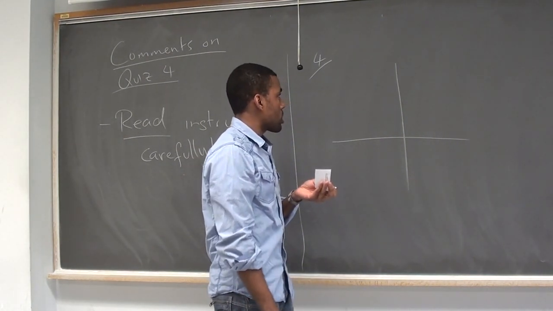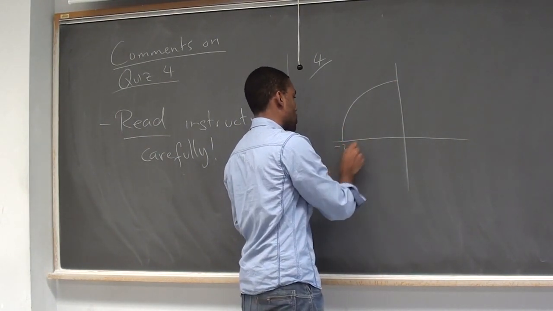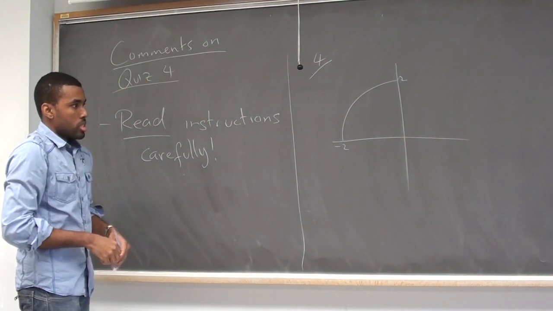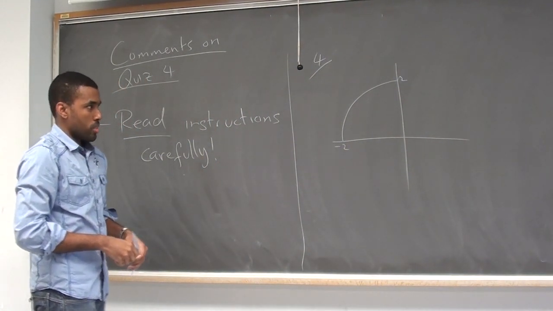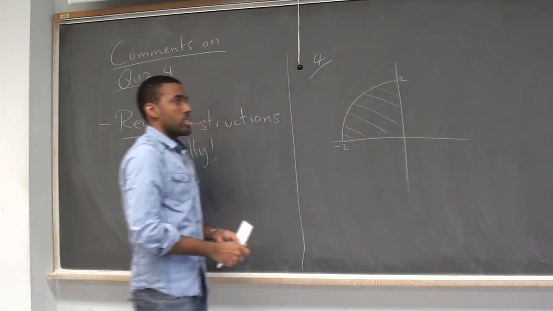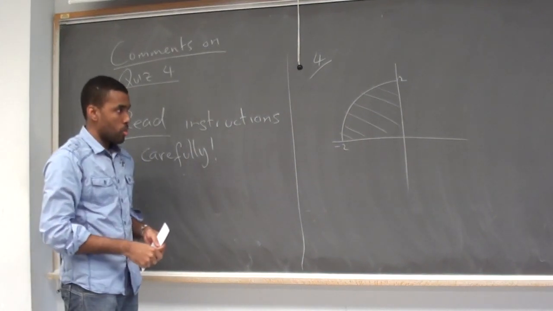There was a quarter circle in the second quadrant of radius 2. And I said C, so it's a disk, so you know stuff is filled in. You could have shaded this in. And I said C is the boundary of the region, oriented clockwise.